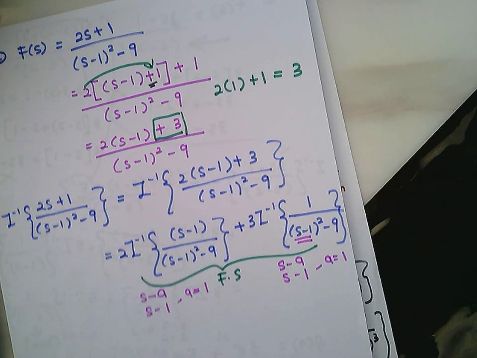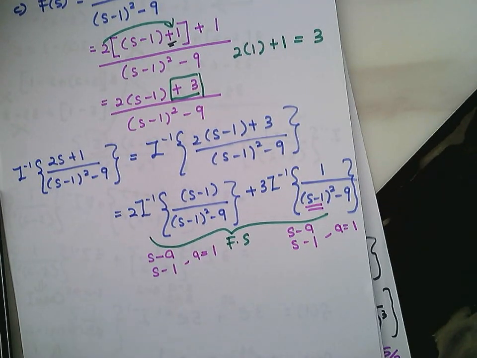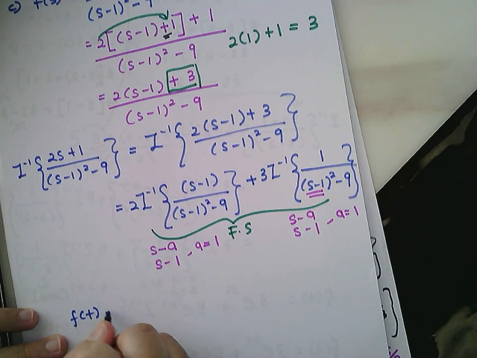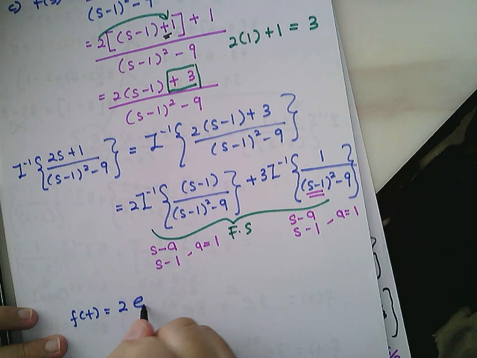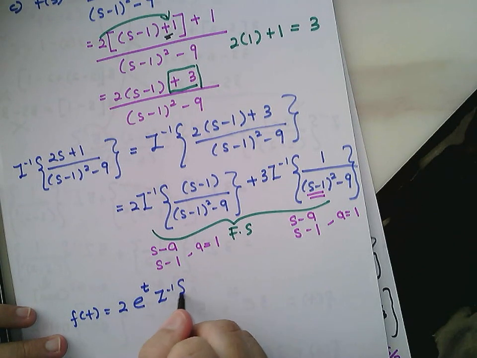Therefore the inverse of this, or we can write it as f(t), is equal to 2 times the exponential term, e to the power a t, where a is 1, so e to the t.